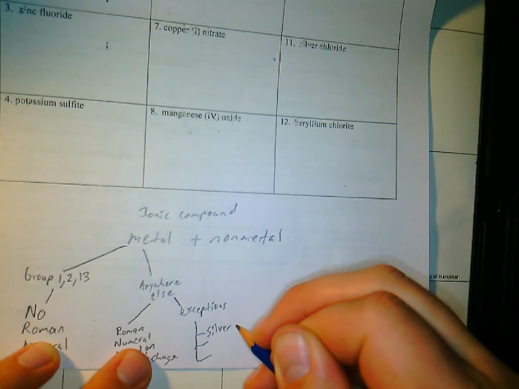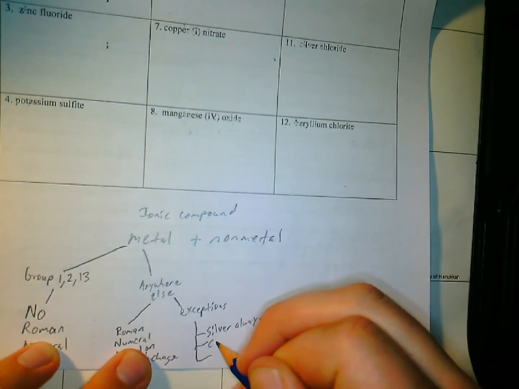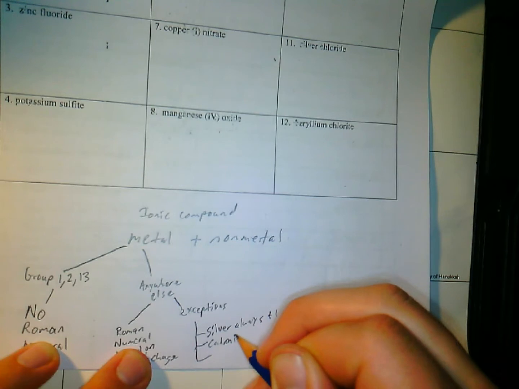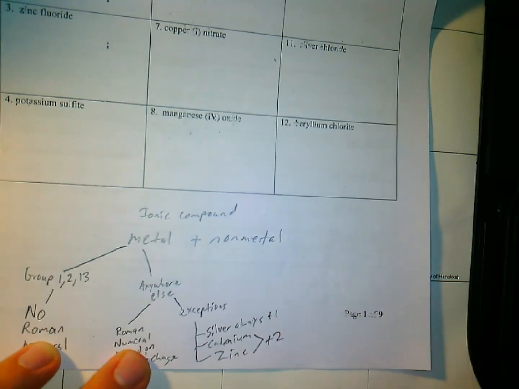Remember that silver is always +1, and cadmium and zinc are always +2. Other than that, remember those are your charges.